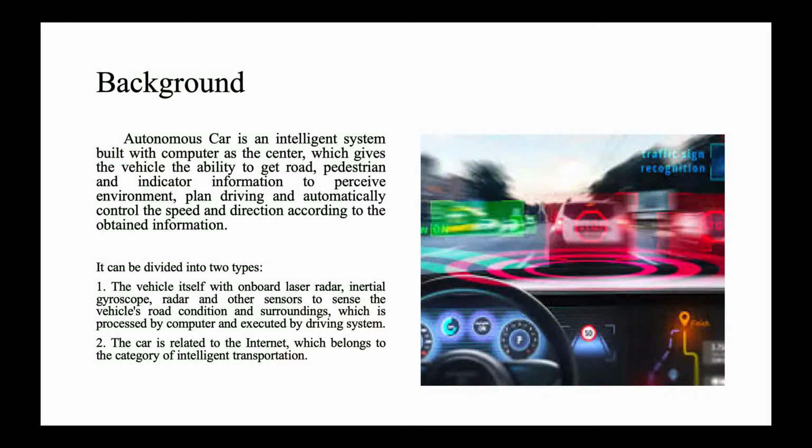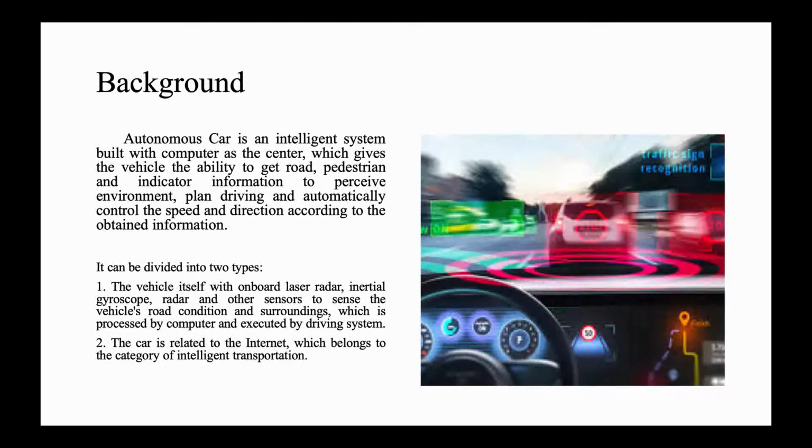Autonomous car is an intelligent system built with a computer as the center, which gives the vehicle the ability to get road, pedestrian, and indicator information to perceive the environment, plan driving, and automatically control the speed and direction according to the obtained information. In other words, a self-driving car is a simple wheeled robot, which can simulate human driving through the dynamic analysis of surrounding obstacles and analysis of road conditions.